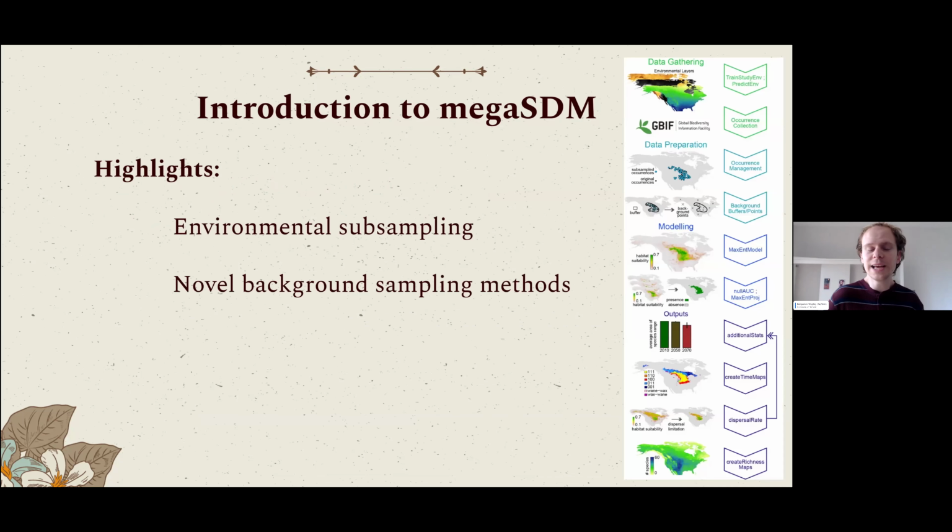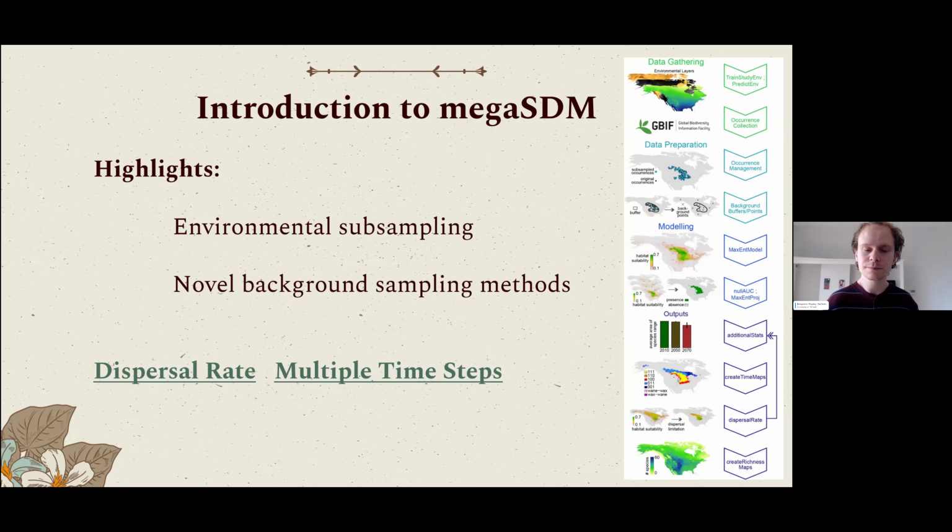So although MegaSDM does a few different things to improve our estimates of where species live on the planet, including environmental subsampling, which attempts to reduce bias in our occurrence and absence points, and also new background sampling methods, I'm going to focus on two aspects of MegaSDM that are particularly relevant for paleontology: its incorporation of dispersal rate and also multiple time steps.